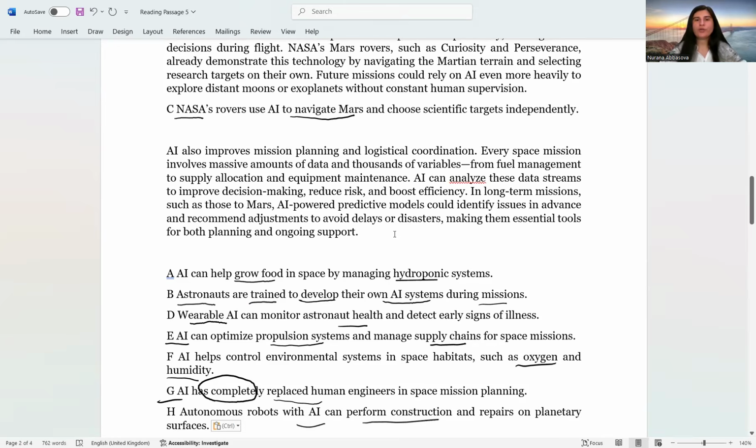In long-term missions, such as those to Mars, AI-powered predictive models could identify issues in advance and recommend adjustments to avoid delays or disasters, making them essential tools for both planning and ongoing support.